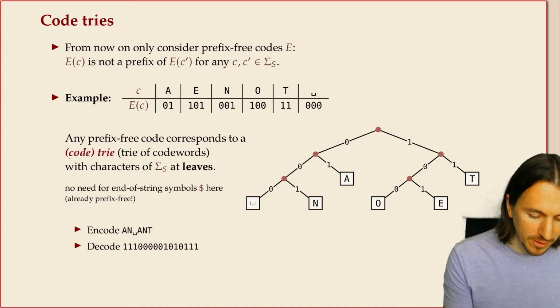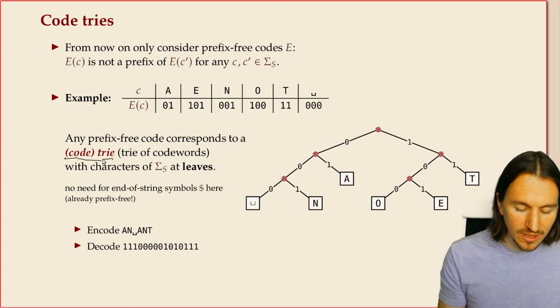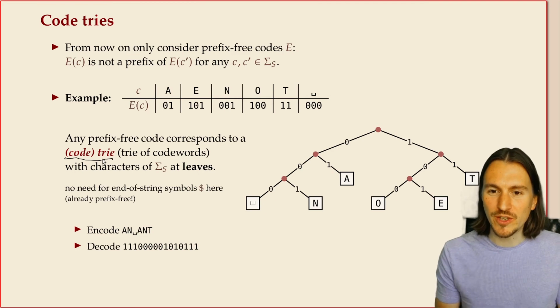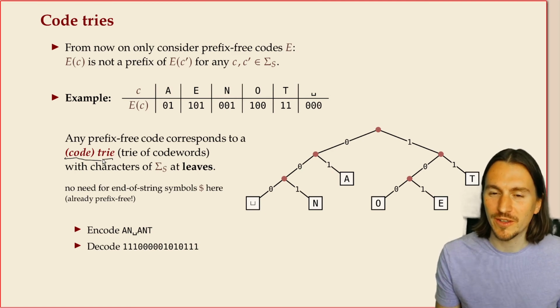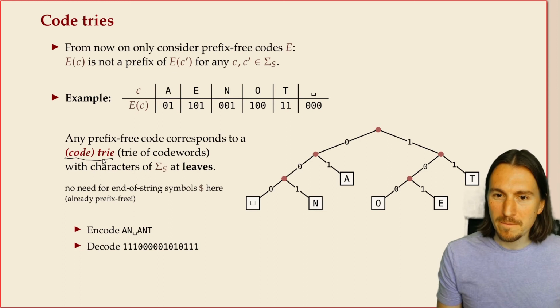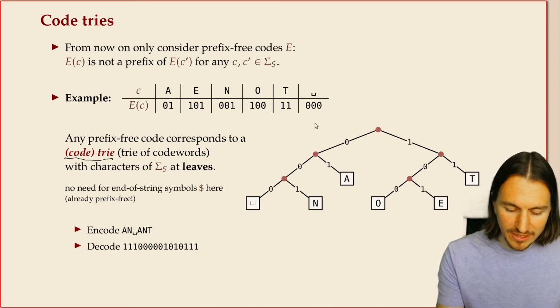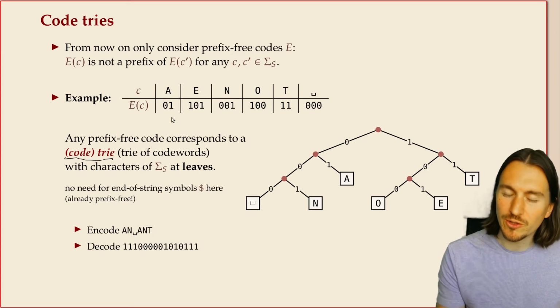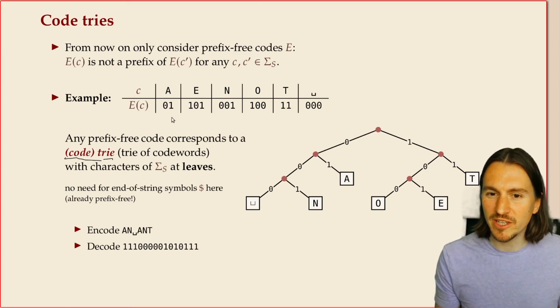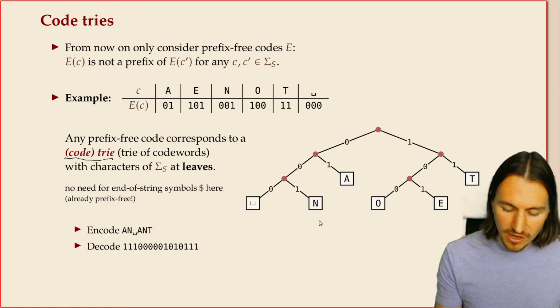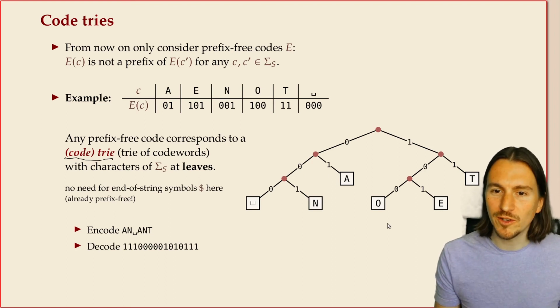And that's why this has become known as a code trie and has been given this name, because it's used all the time. And you can think of this table that lists the mapping from characters to code words as a convenient way to encode, and the trie is a convenient way to decode.